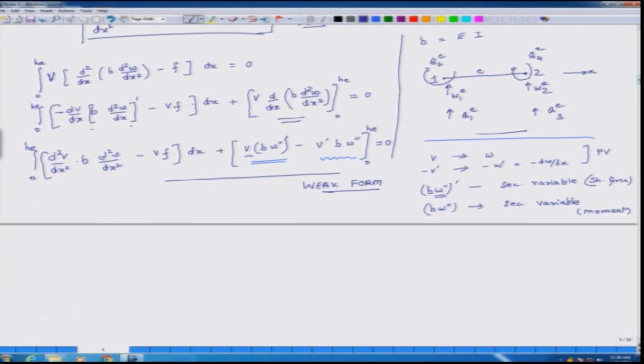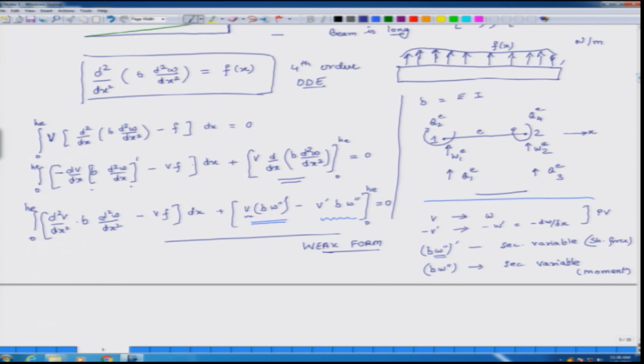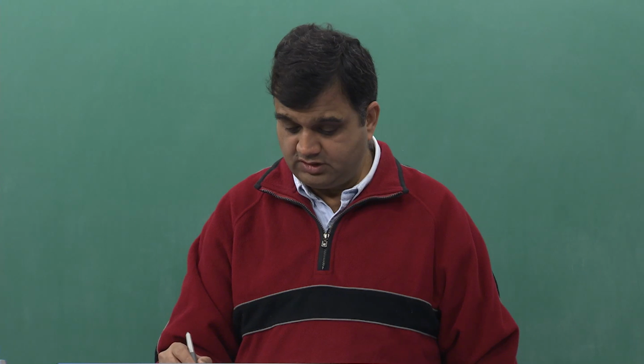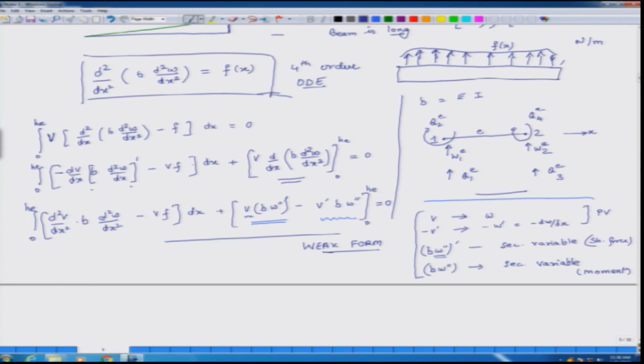When I integrate this differential equation, because it is fourth order, I will get four constants, and those four constants can be determined if I know four conditions, either V or V prime or B W prime prime or the shear force, using which I can calculate those constants.